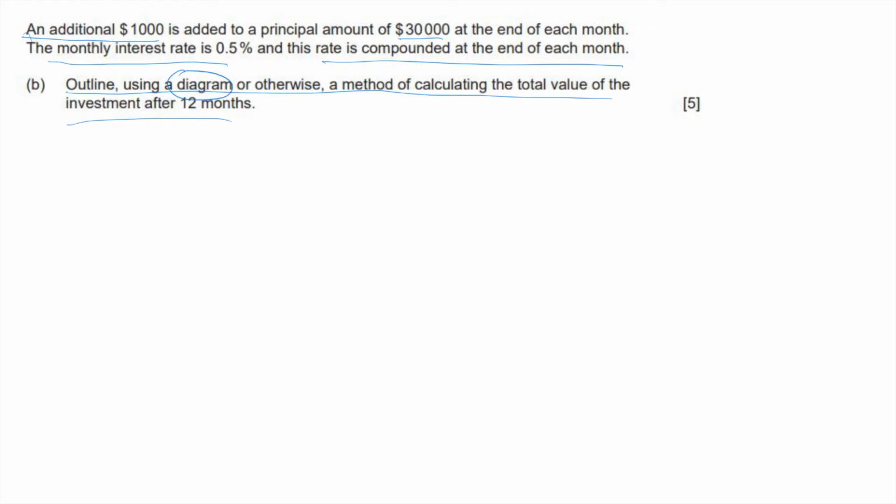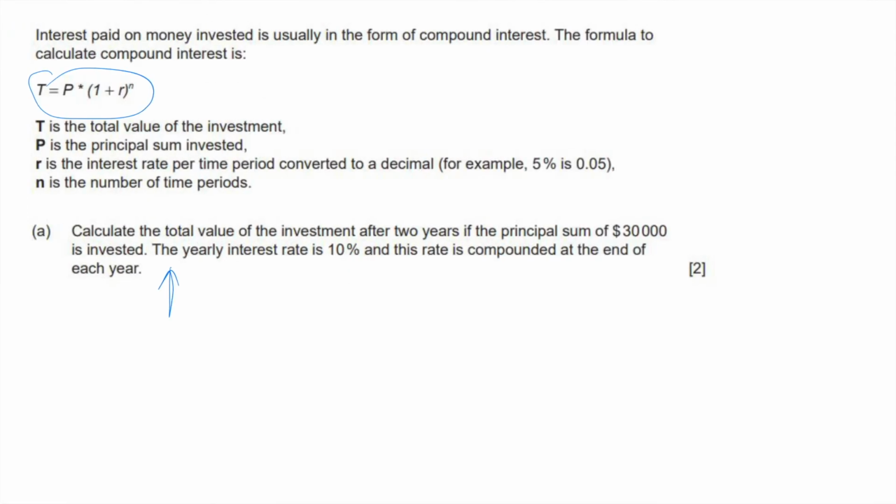So we have a principal amount of $30,000. We're adding $1,000 at the end of each month. And the monthly interest rate is 0.5%, which is compounded at the end of each month. So if we go back here, we have this formula right here, where our output is the total value of the investment. The P is the principal sum. R is the interest rate. And N is the number of time periods.